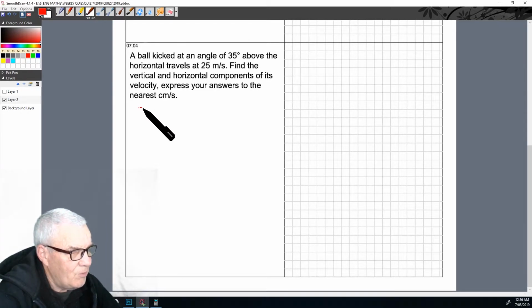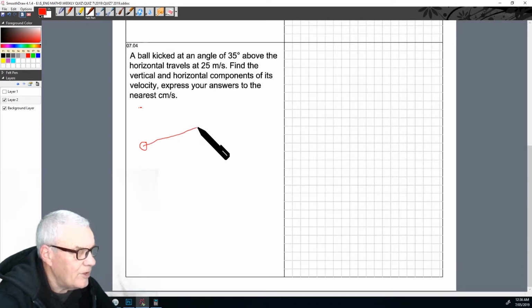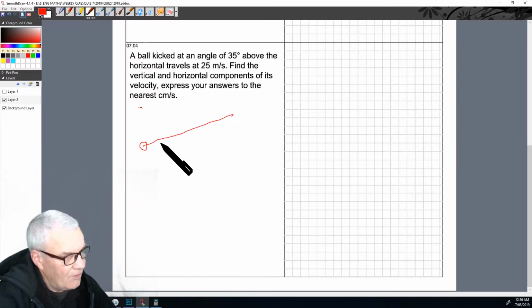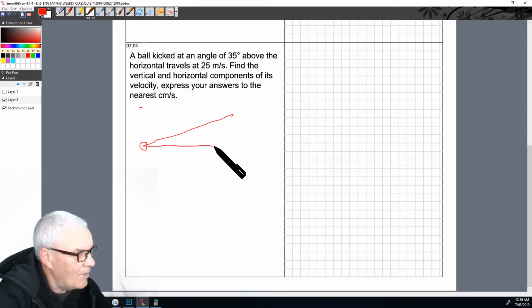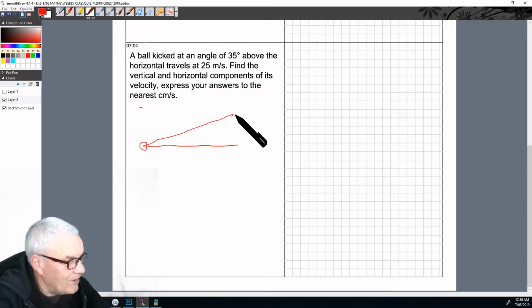I'm going to draw the ball there, and we'll go for the center of the ball, and then we're going to draw a line up there 35 degrees above the horizontal. And we're going to make a right-angled triangle like that.